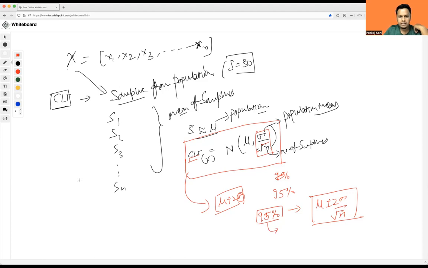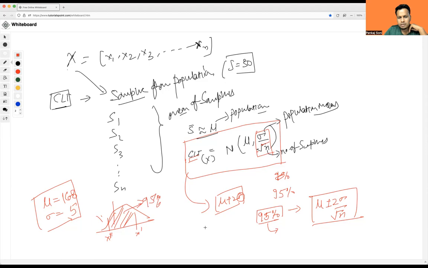Let's say I know the value of mu is 168, and sigma is, let's say, 5. As per the central limit theorem, you just put in the values. Say you want the value between x' and x''. I want to calculate the 95 percentile from this particular sample mean.